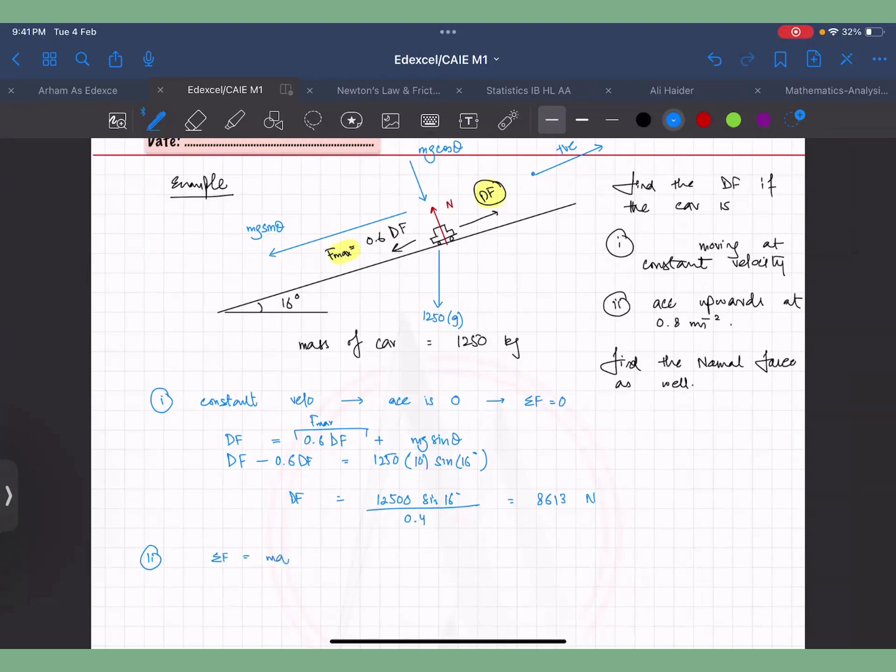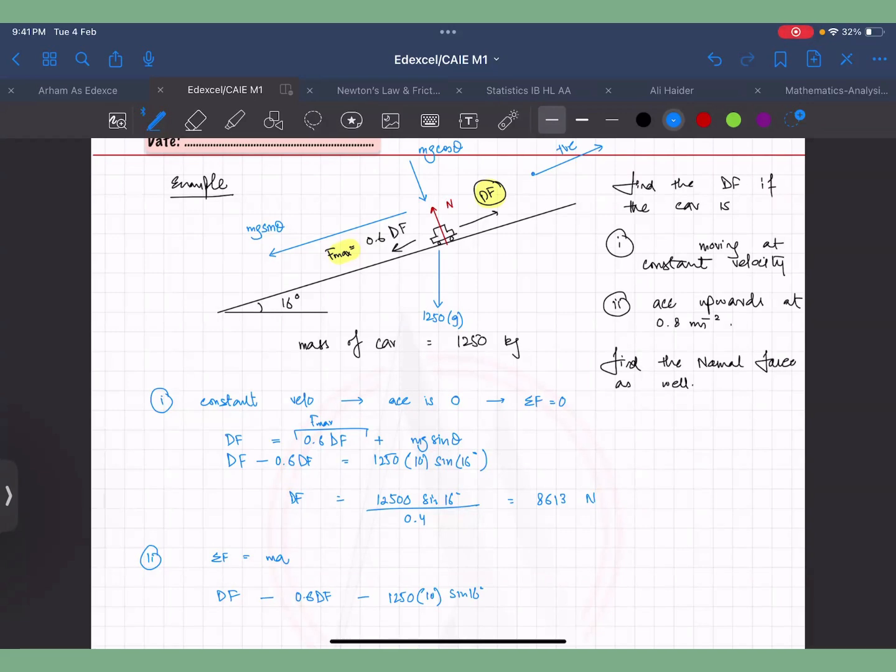Along the plane, the upward forces: the driving force, which we keep positive, minus the friction force, which is downward, acting down the plane. So negative 0.6 df, minus mg sine theta, 1250 times 10 times sine 16. Any other force?